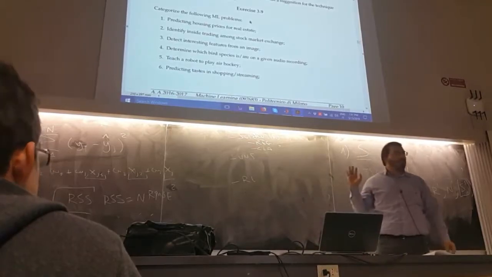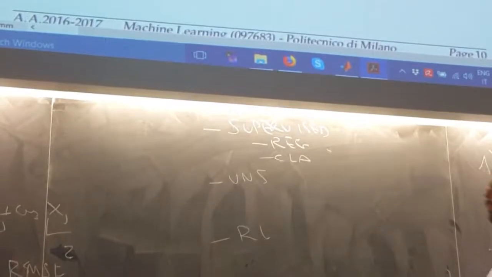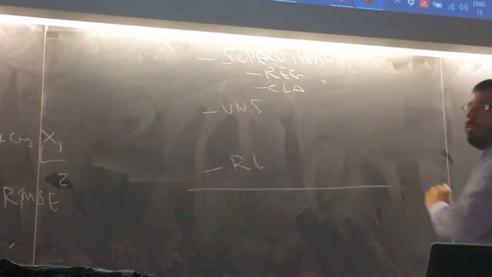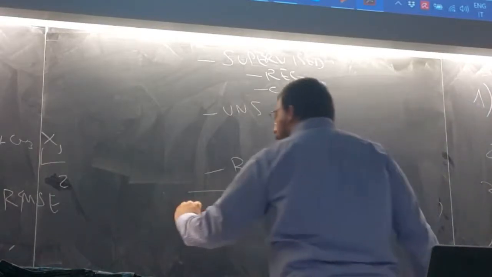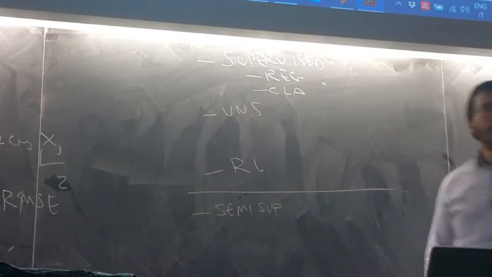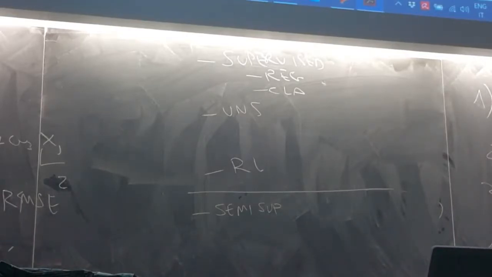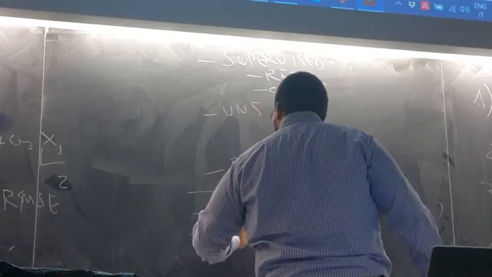That's it. I think you only saw this area, but there are way more areas. For instance, there are some problems which are semi-supervised. There are some problems which are called active learning.